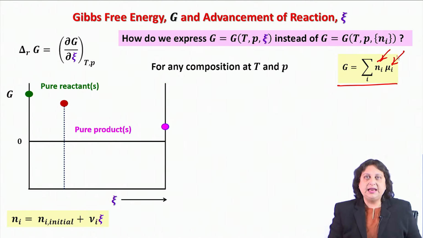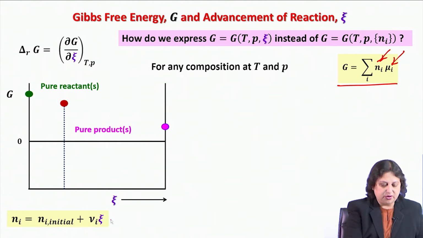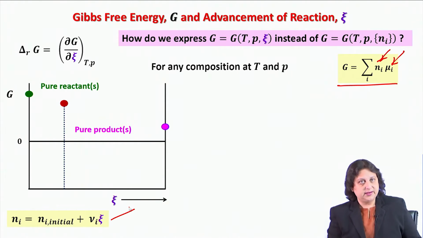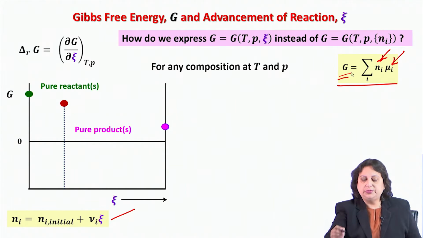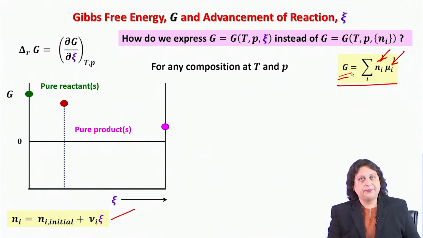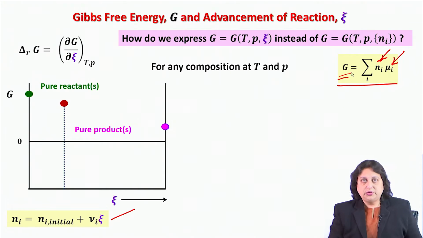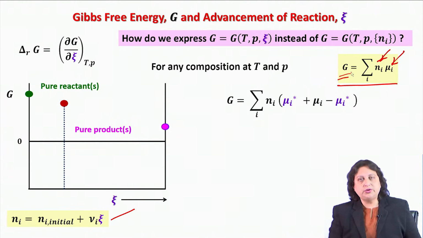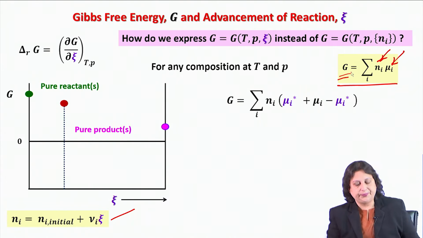And as Ni is a function of xi, therefore I expect G is also going to be a function of xi. To derive a functional relationship between G and xi, I'm going to rewrite the Gibbs-Duhem relation in the following way.